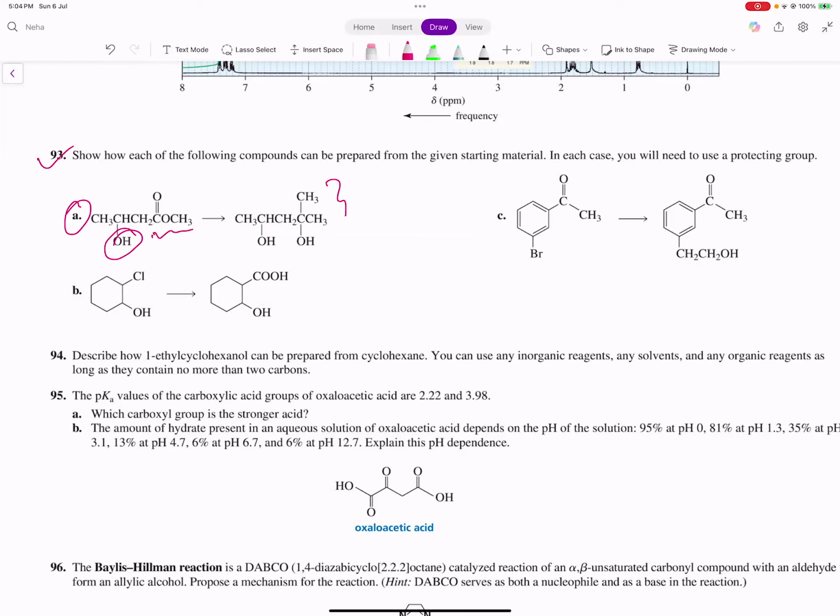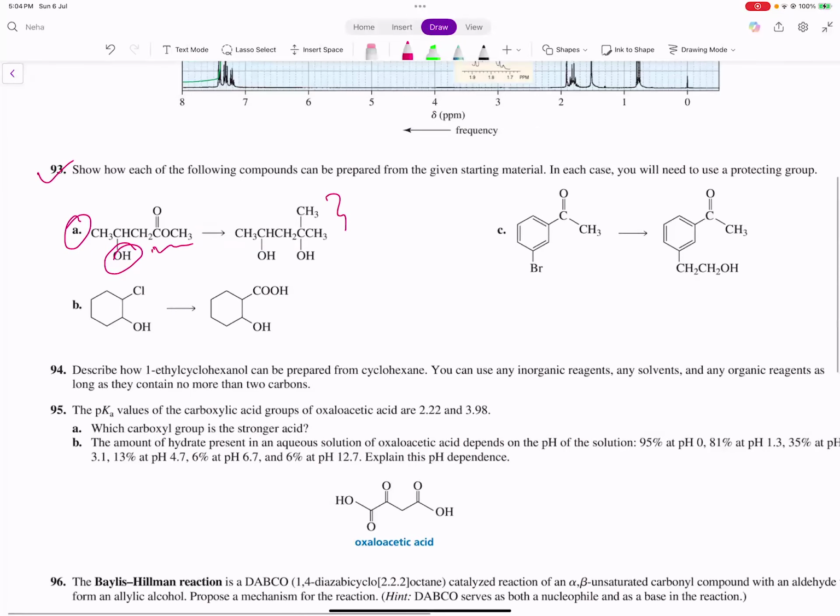B also, the OH group needs to be protected. OH needs to be protected, yes. Go to C, and then I think we are almost done. C, I think you should do.